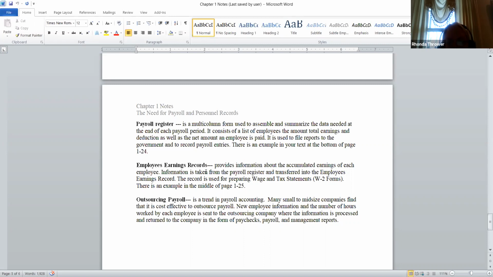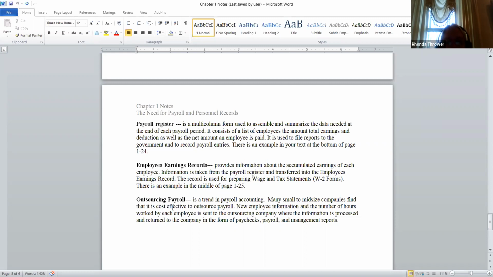And this record is what companies use to prepare your W-2 forms, which you are probably familiar with about this time of year, because on January 31st, all your employers have to furnish you with a W-2 form. There's an example of an employee's earnings record also on chapter 1, page 25.